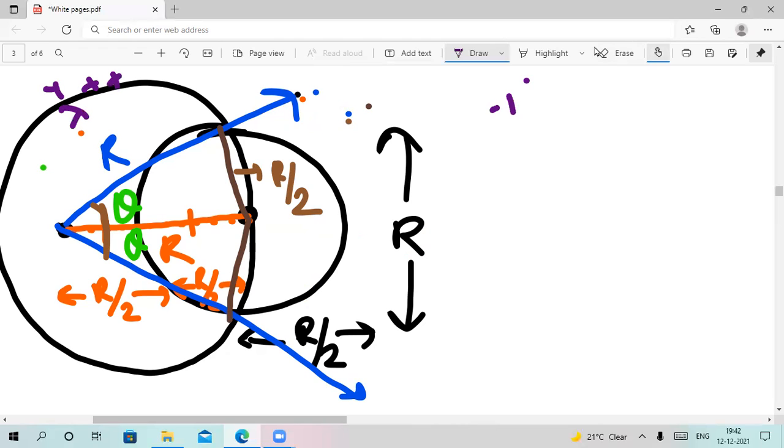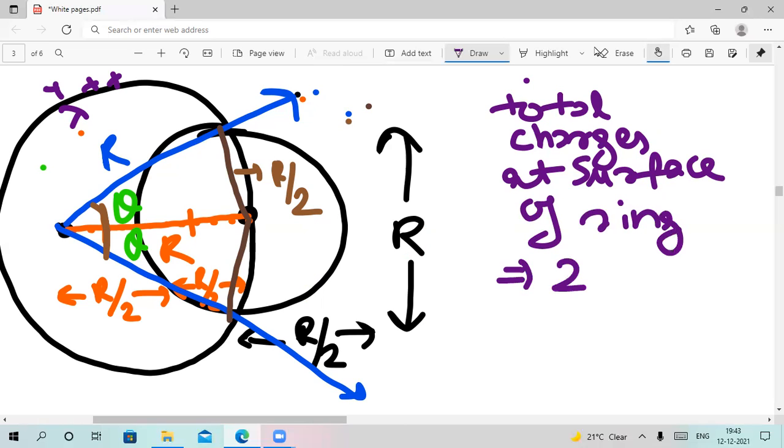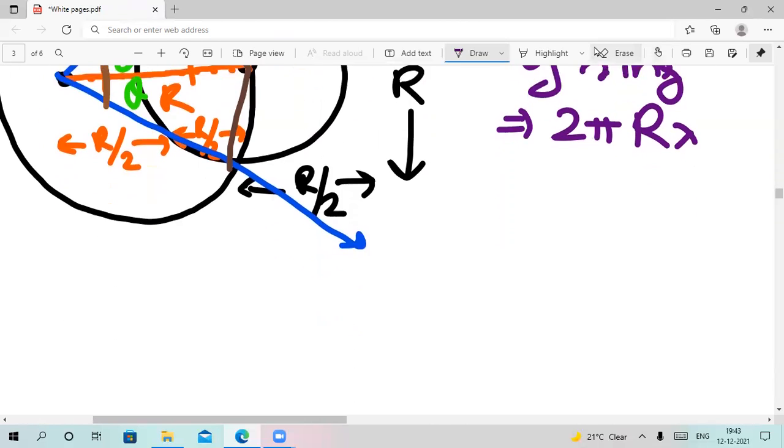Okay, so the total charge at the surface of the ring, what will it be? It will be 2 pi r lambda. Simple.